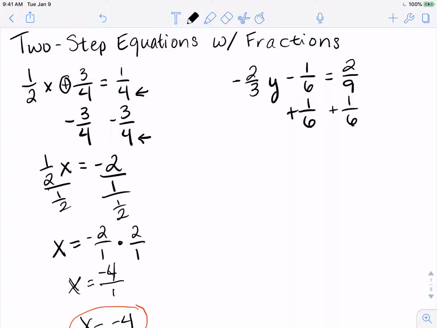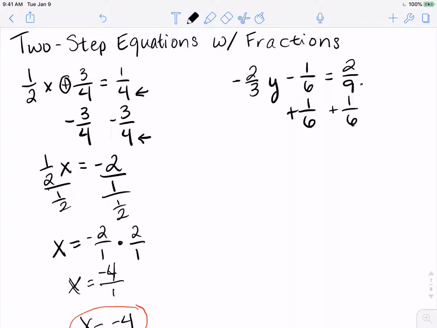So a number that they both go into. 6 does not go into 9. If you multiply 6 by 2, you get 12. Well, 9 doesn't go into 12 either. What happens if you multiply 9 by 2? If you multiply 9 by 2, you get 18. Does 6 go into 18? The answer is that it does.